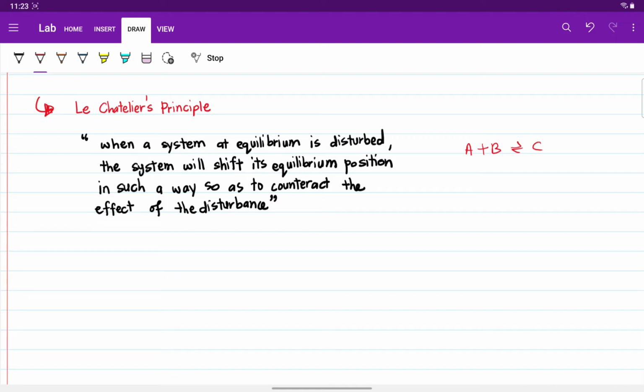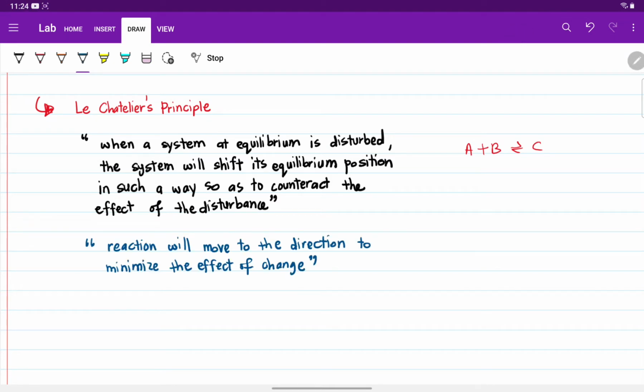Okey, sampai bila reaction tu akan berlaku? Sampai disturbance hilang, sampai dia achieve balik dia punya dynamic equilibrium. Okay, so in other words, the reaction will move to the direction to minimize the effect of change. Kiranya yang ni masih lagi a part of Le Chatelier principle.